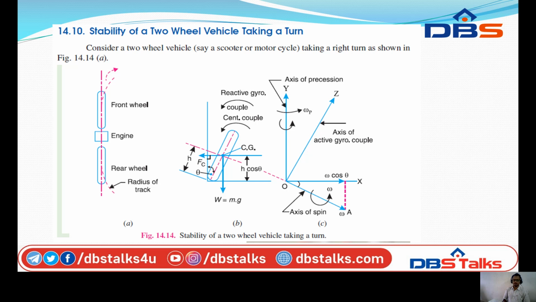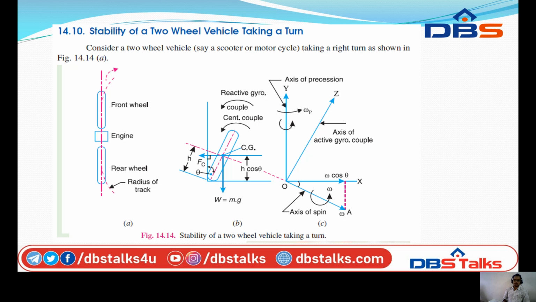Finally, the last topic is the stability, or the effect of gyroscopic couple on a two-wheeler, that is a motorbike. Consider a two-wheeler vehicle, maybe a scooter, a cycle or a motorcycle, taking a right turn.